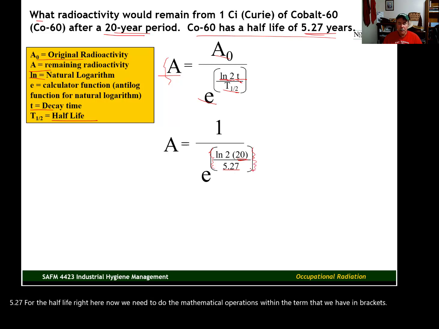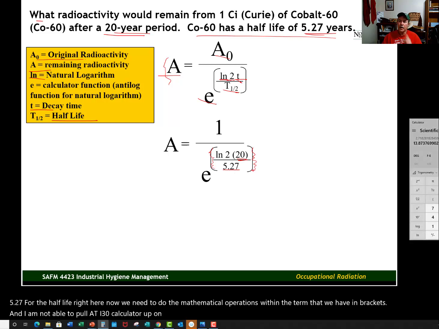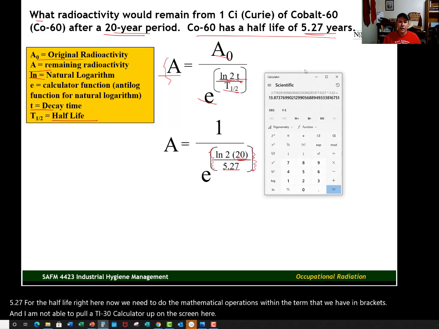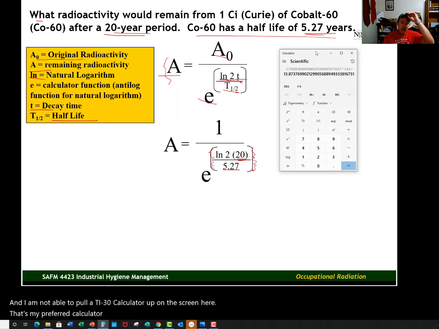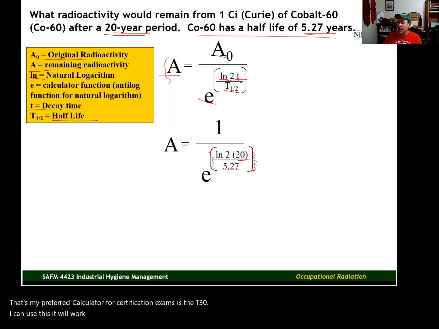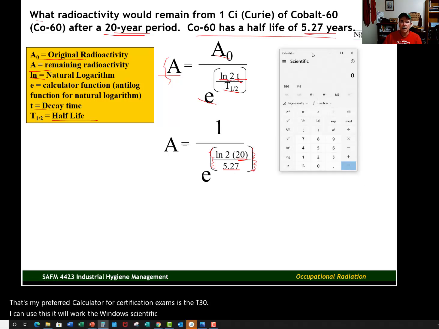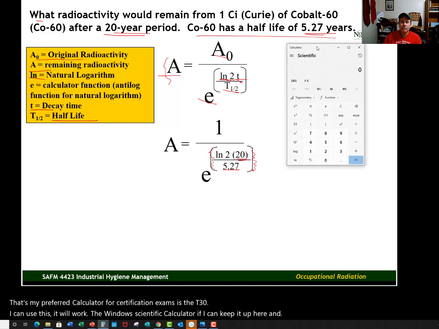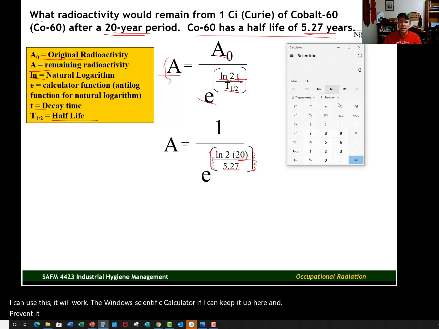I'm not able to pull a TI-30 calculator up on the screen here. That's my preferred calculator for certification exams, the TI-30. I can use the Windows Scientific Calculator, if I can keep it up here and prevent it from disappearing on me at the wrong time.